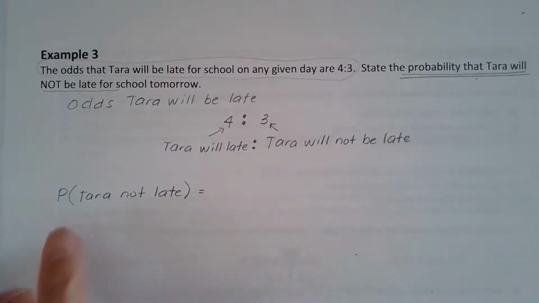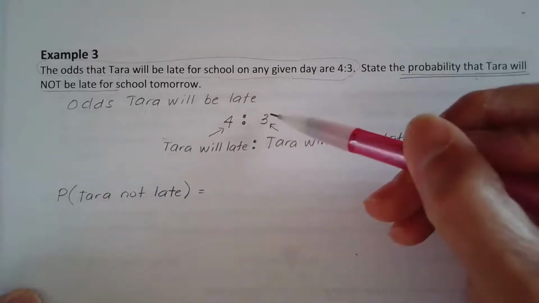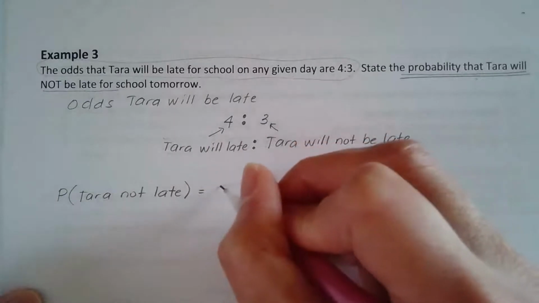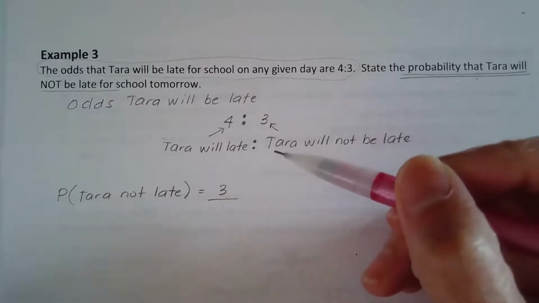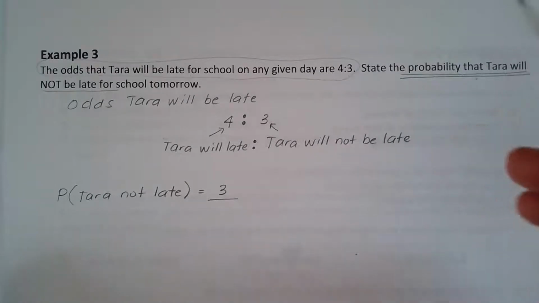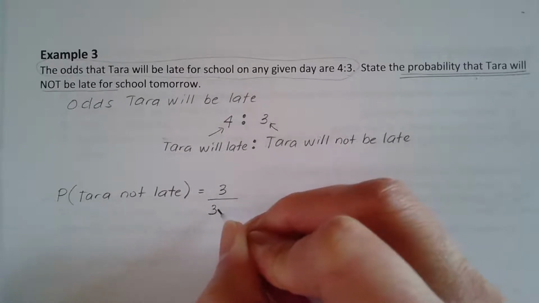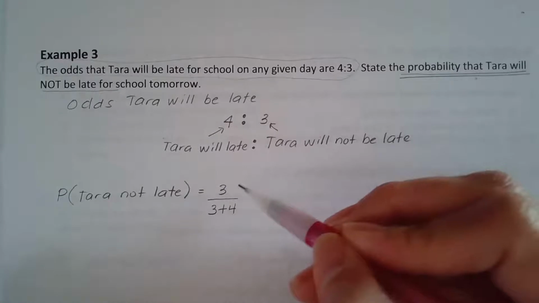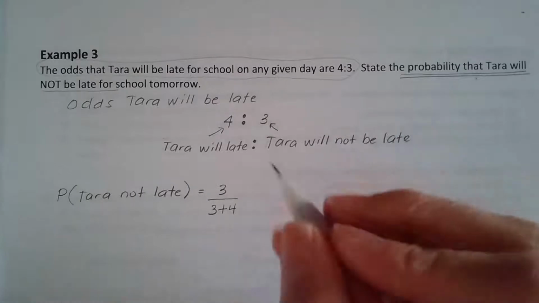When we talk about probability, it talks about how many ways Tara will not be late. That's 3, divided by total outcomes. Well, what is the total outcome? That would be 3 plus 4.